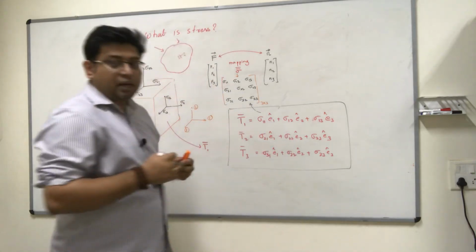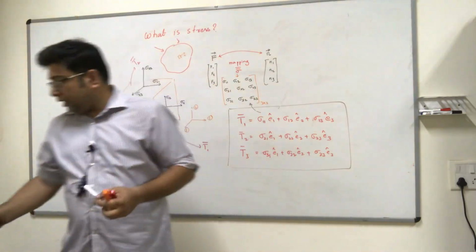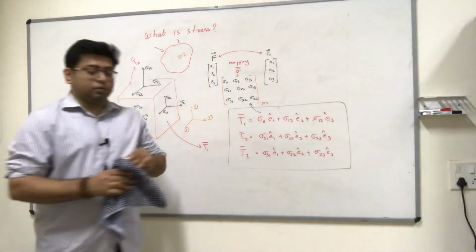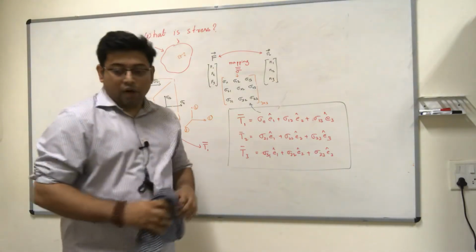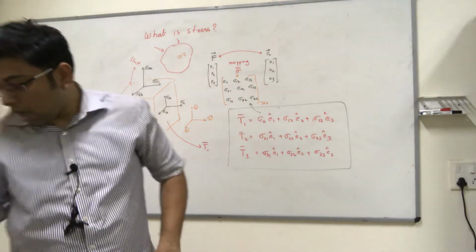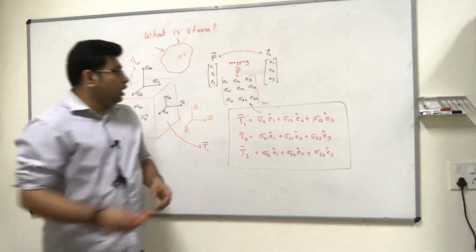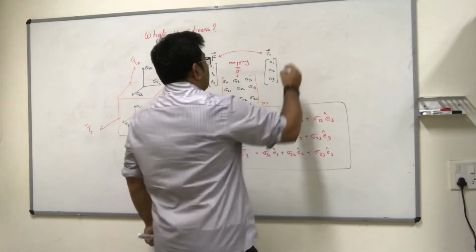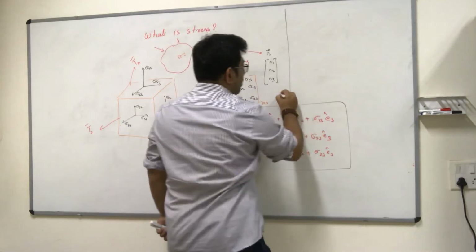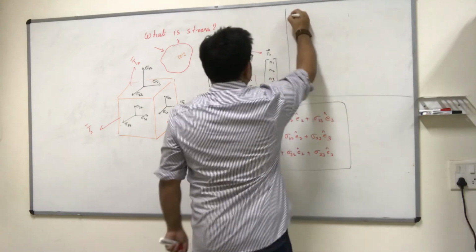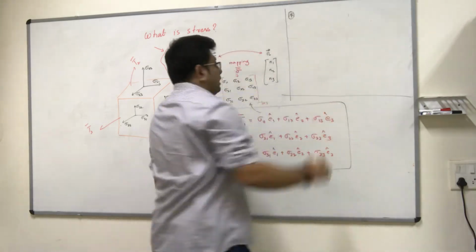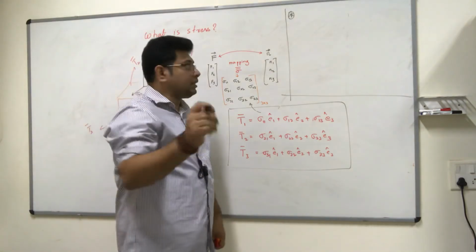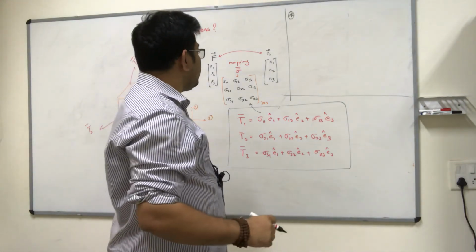There are a couple of things that I am not going to derive. There is a lot of different ground I have to cover, so I am not going to go into details of all proofs, but one important proof I want you to please try out yourself, and I will give you the proof in the next class. I'll just write it down and share that PDF with you.